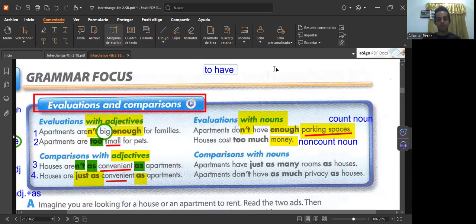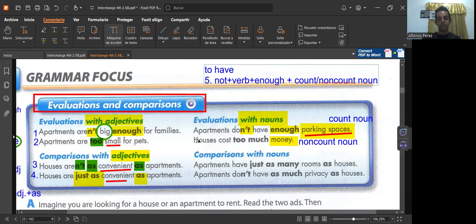So number 5, we use not plus a verb, which is the verb have. Negate, use enough plus count or non-count noun. That is the structure, number 5.